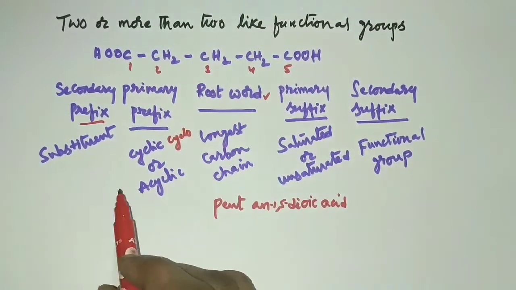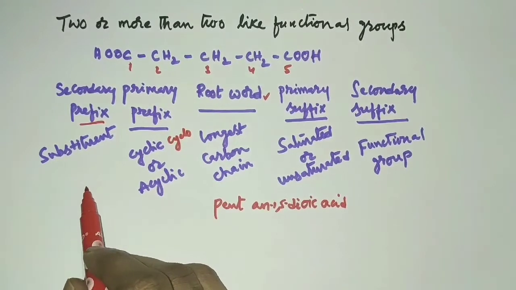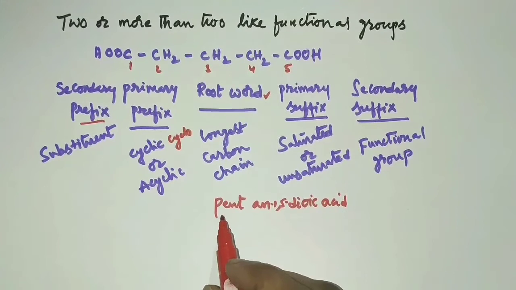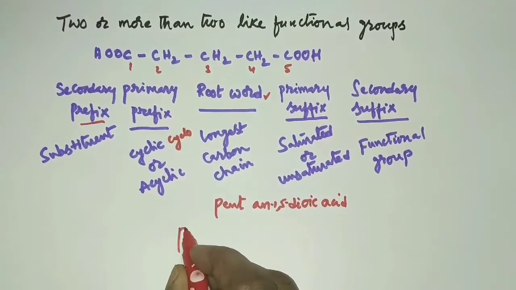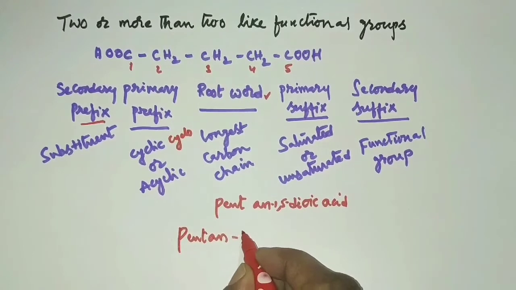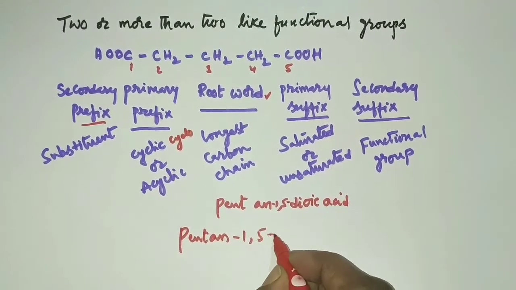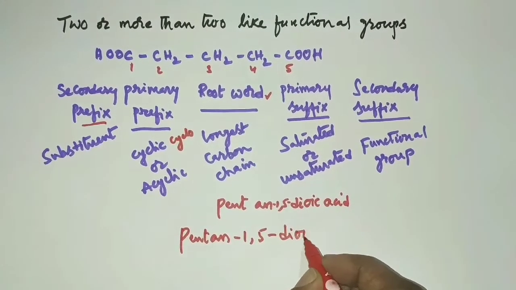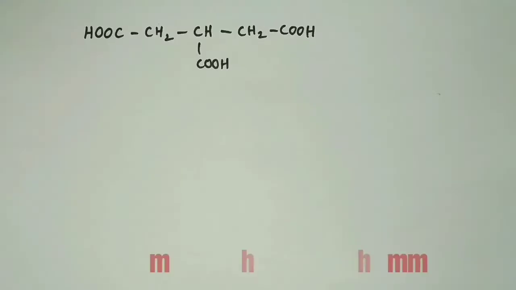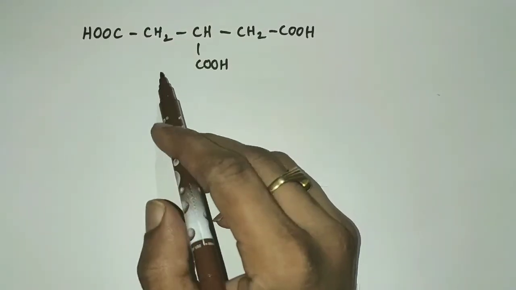That's why there is no secondary prefix for this compound. So overall, the IUPAC name of the given compound is pentane 1,5 dioic acid.